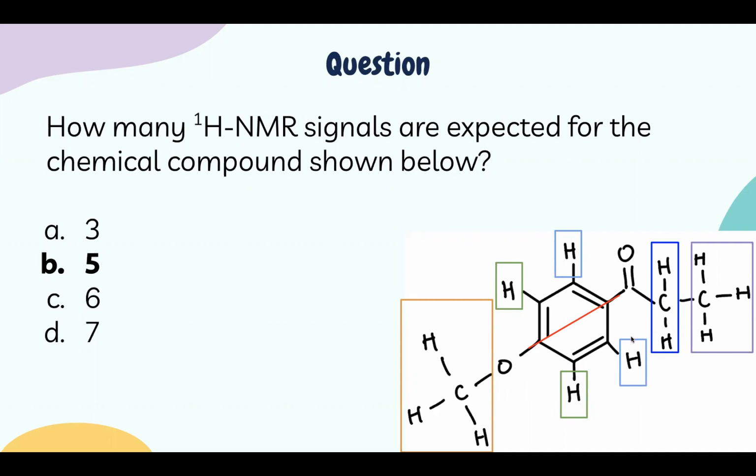The hydrogens in this methyl group are in their own environment because the group is attached to this oxygen here. If we look at the other side, the methyl group in purple is attached to the CH2 group, so each of these groups is also in its own environment. Counting all the different colors, which represent the different environments, we can expect to see 5 signals in the NMR spectrum. Does that make sense?